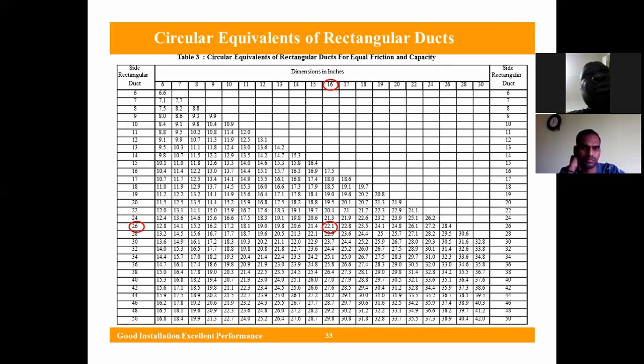What we have to do is make the aspect ratio closer. The best aspect ratio is 1:1. So go for the next one. Here 16.1 is there. It is 30 into 8. That is also, the difference is 5. 8 and 30. This is in inches, the dimension in inches. This is the side of the rectangular duct. This is also a side of the rectangular duct. The dimension is in inches.